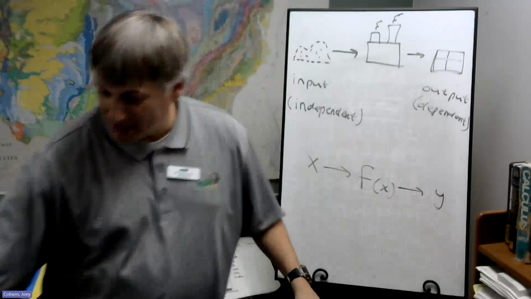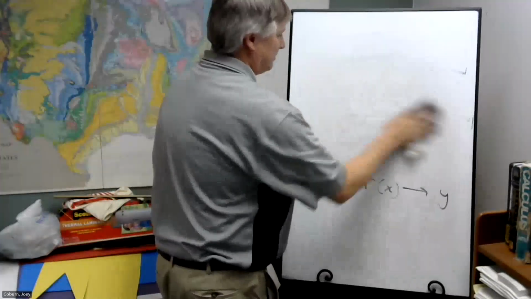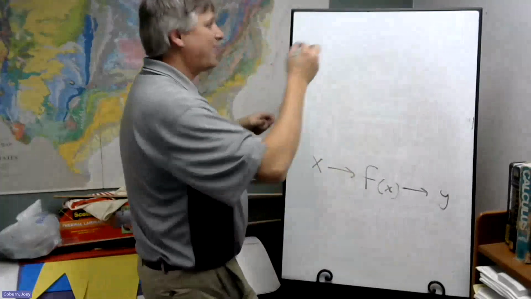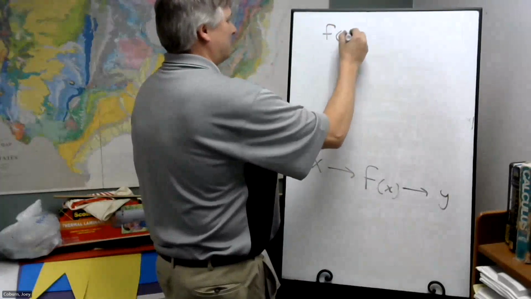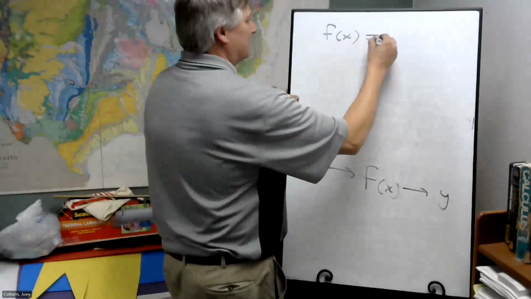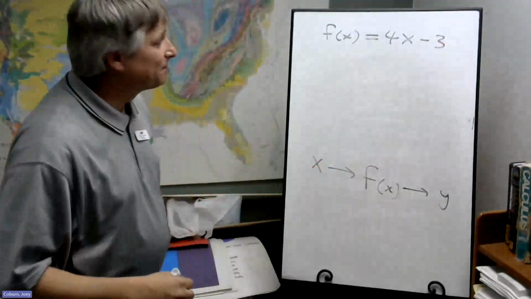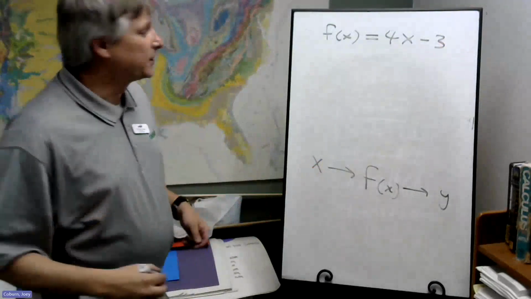So to do a quick example, suppose this is our factory. Take x when it goes into the factory doors, multiply it by 4, and then subtract 3. So how does this work?